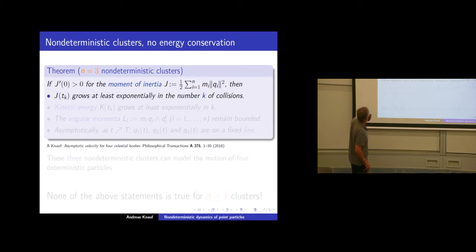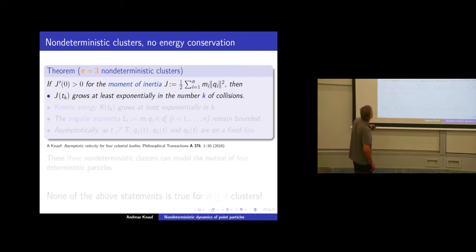The statement is that if initially you go outside, in the sense that J prime is positive, this not only stays like that, but even J of t_k grows at least exponentially with k. So without any assumption on energies, you have this lower bound.